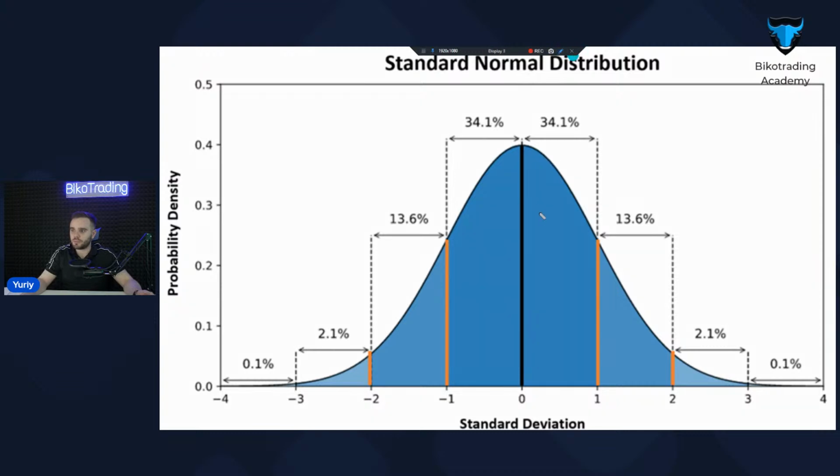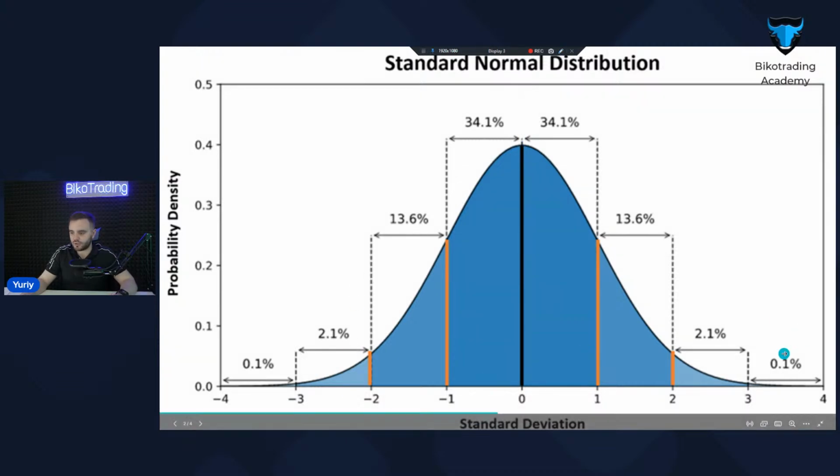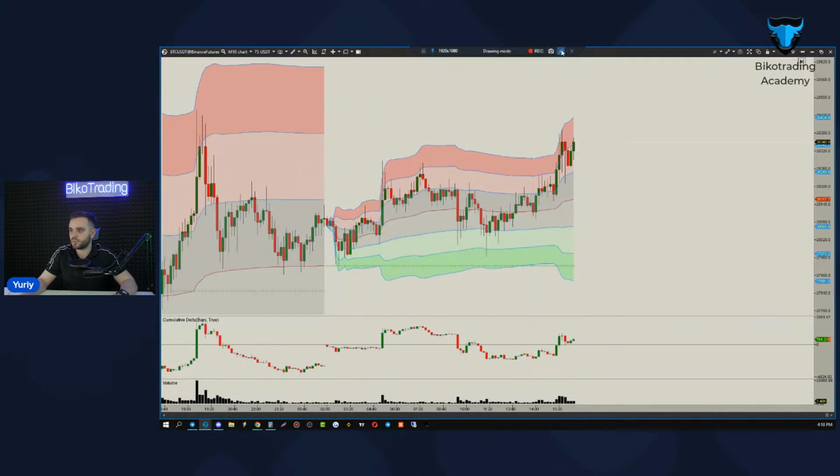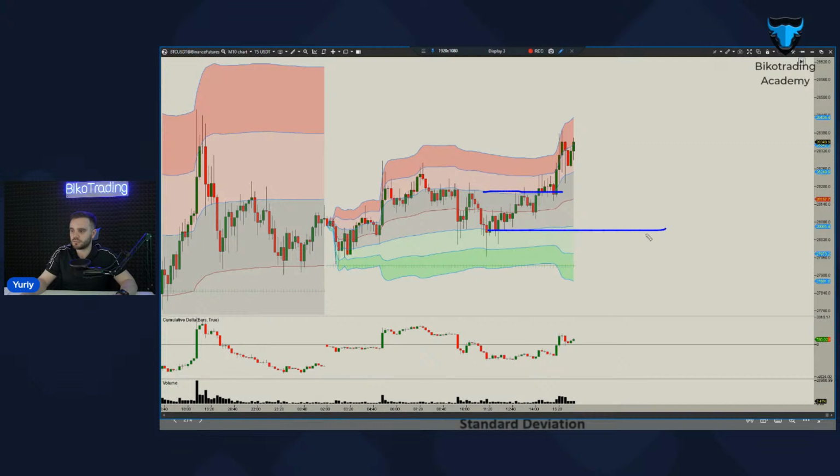What does VWAP mean for us? VWAP is exactly this line. Have a look here. When we open this, what does it mean? It is a standard deviation. This standard deviation means that most of the volume was traded in the middle of this gray area.